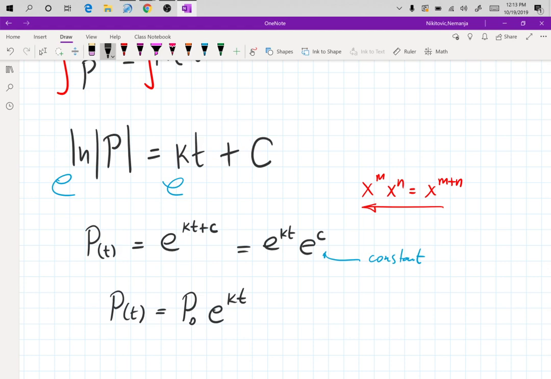So see how it makes sense, right? It makes sense. So the more people you have, the bigger P0, because that's your initial population. And then also k. k is also the constant between male-female ratio. That's also going to be factored into k, right?